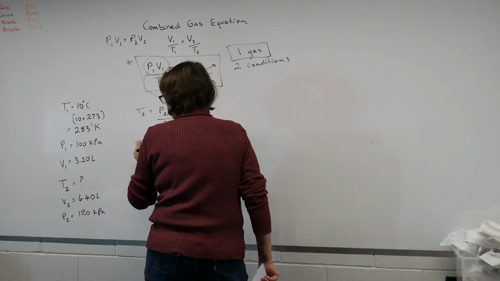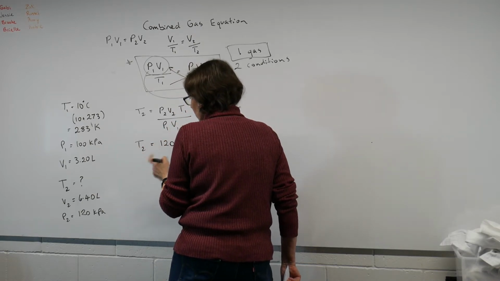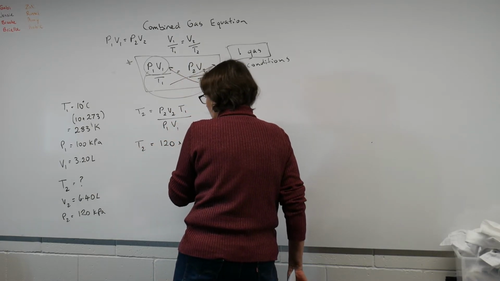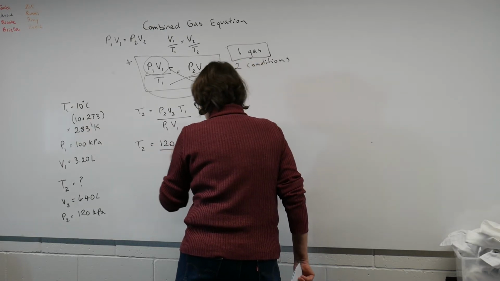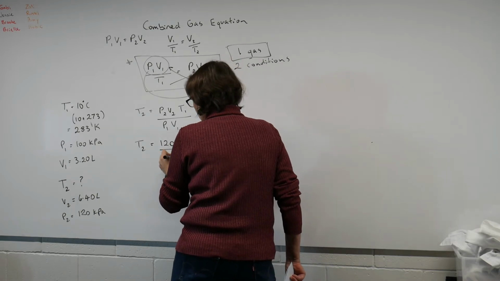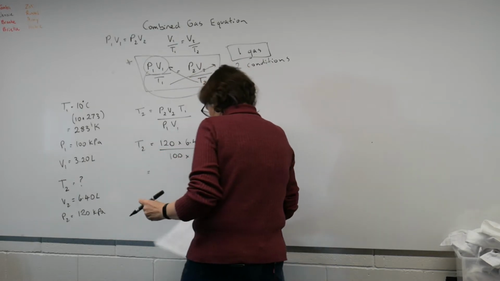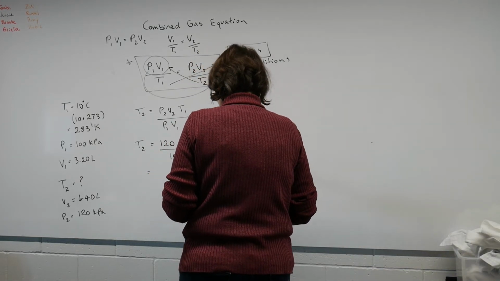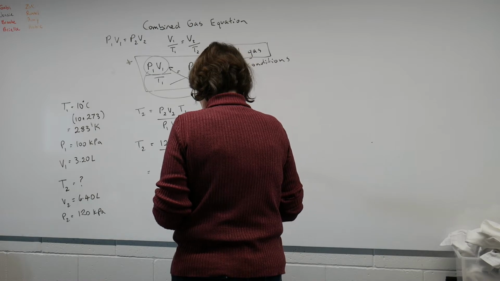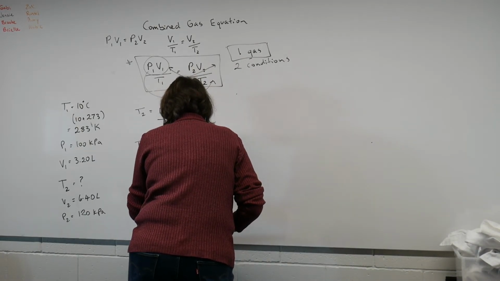T2 equals P2, which is 120, times V2, which is 6.4, times T1, which is 283, divided by 100 times 3.20, which gives us 679 Kelvin, apparently.